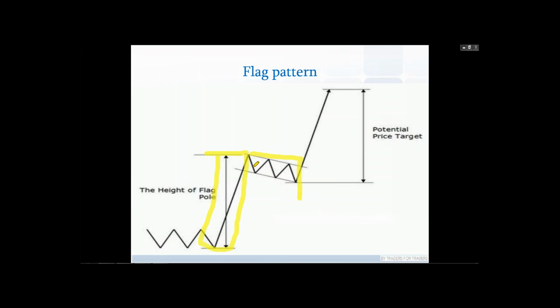This is the main body of the flag, and this is the extension, the higher pole of the flag, which is known as the potential price target. The flag pattern is broken down into 3 different elements to qualify as a flag formation.